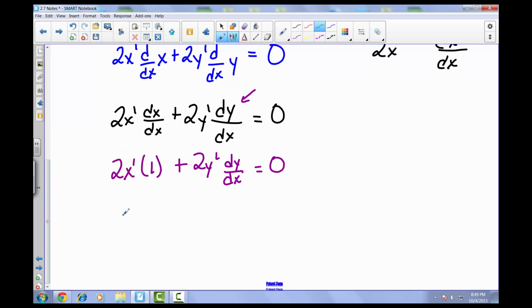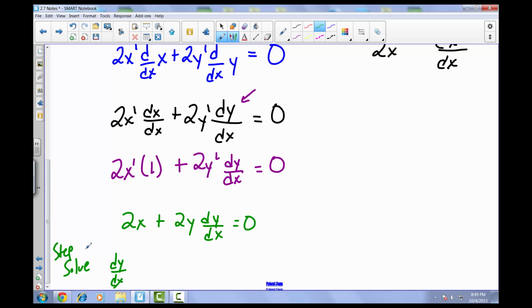Now we would end up with 2x plus 2y dy over dx is equal to 0. I just dropped the exponents because we didn't really need to write them. And now our goal is to solve for dy dx. So now we're in step 2.